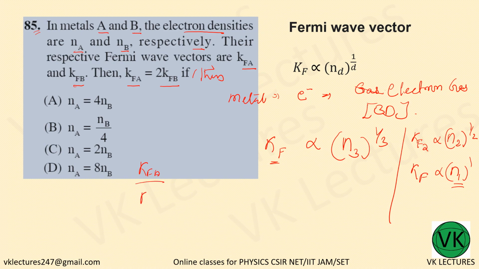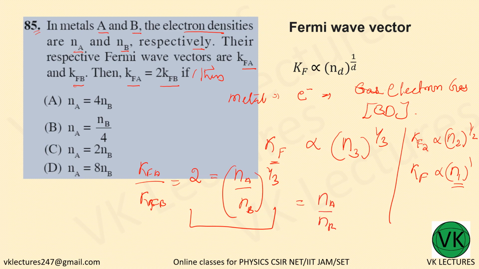Now let us take the question. kFa by kFb is equal to 2, which is proportional to N to the power 1 by 3. So we can write Na by Nb whole to the power 1 by 3. So 2 equals Na by Nb whole to the power 1 by 3, which means Na by Nb is equal to 2 to the power 3, so Na equals 8 times Nb.